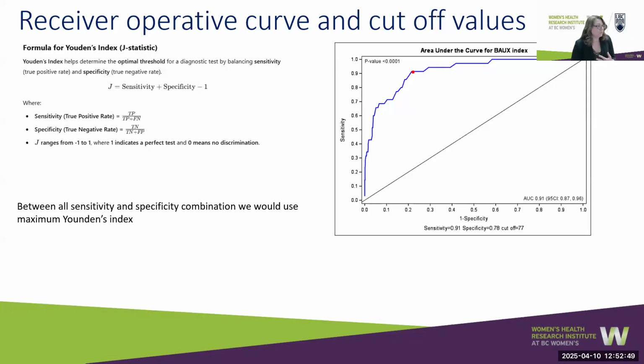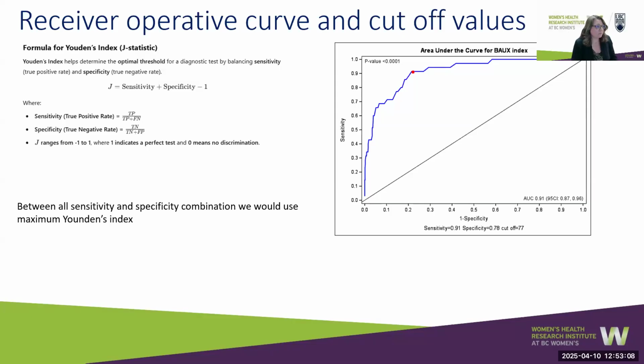So how do you do it? You choose the maximum index. On each combination of sensitivity and specificity in your data, you calculate the J statistic, and you choose the maximum. From your model, based on this maximum, you can calculate the cutoff point.